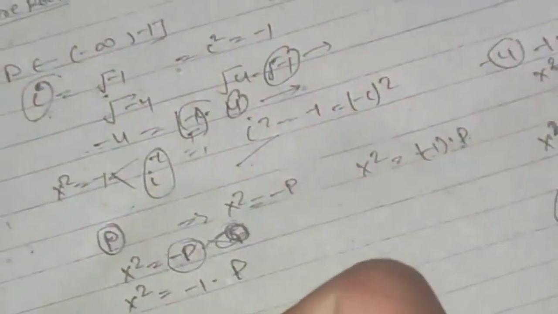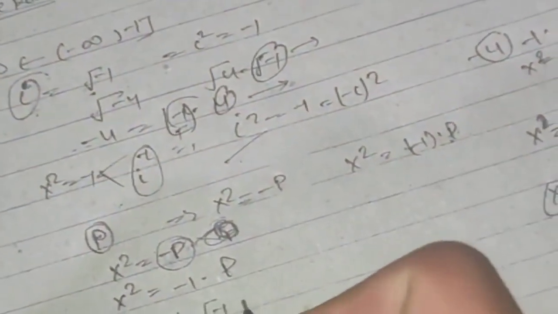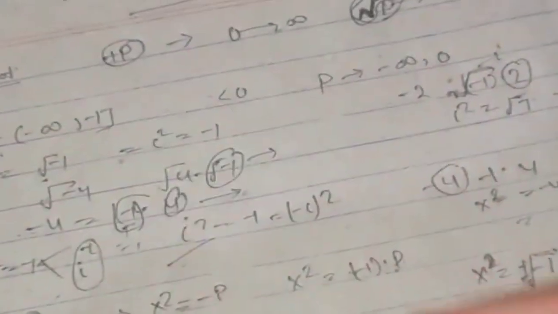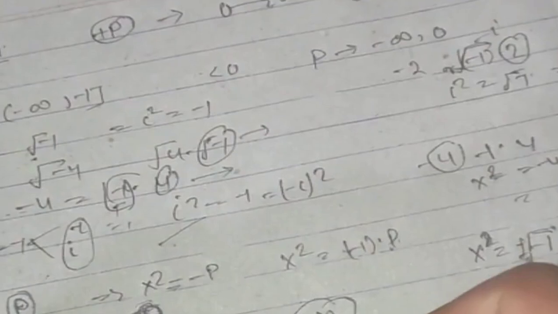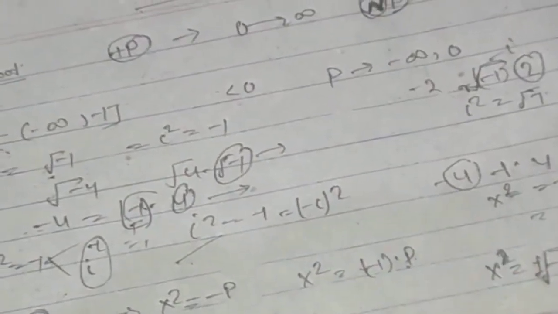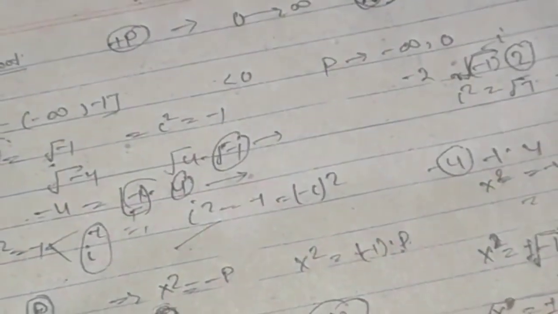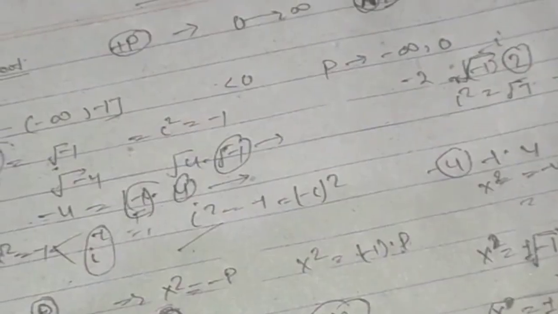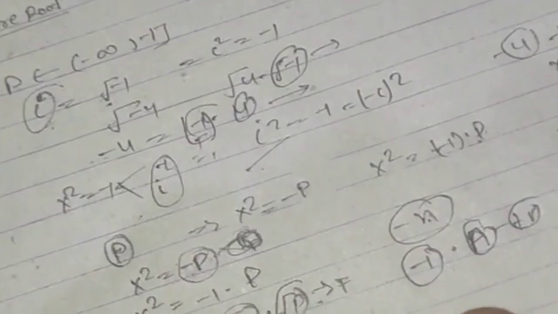Plus minus under root of minus 1 into under root of p, because p is a positive number, and minus of p is a negative number, but it is nothing but minus 1 times of p. So x equals plus minus root p iota. So that's why we call it under root of p iota with plus minus, where p is a positive number, okay.